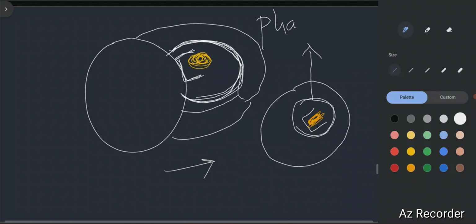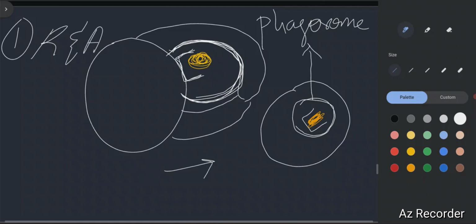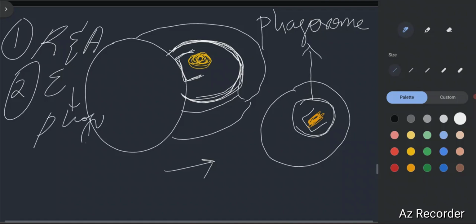So this is our second step. Recognition and attachment was the first step. Our second step was engulfment, and with engulfment you made phagosome, right? Now what happens with phagosome?